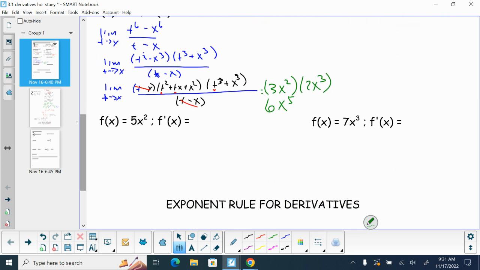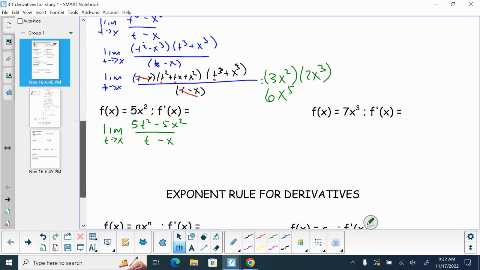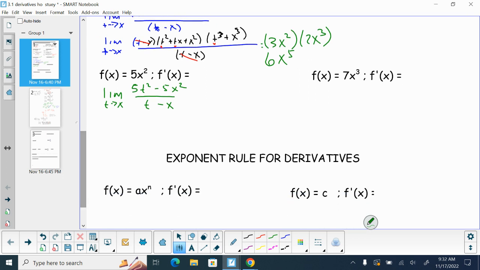Well, what would happen, do you think, if I threw a coefficient there? Now, if I had 5x squared, what would happen? Well, let's take a look at the limit as t is approaching x of 5t squared minus 5x squared over t minus x. Okay, this is what we've done: f of t minus f of x over t minus x. Well, the top, we could factor out the value of 5.